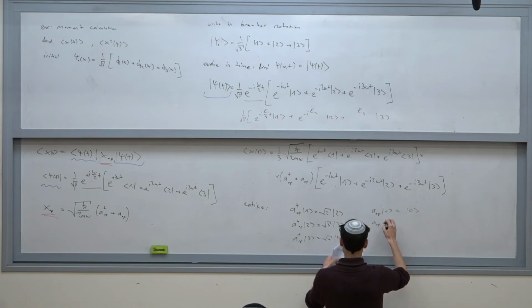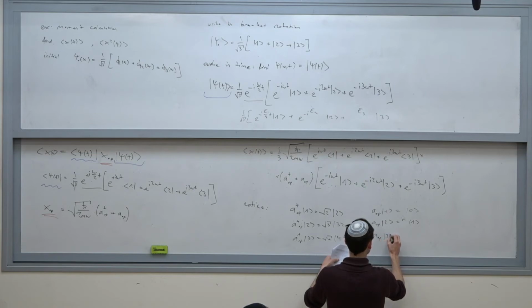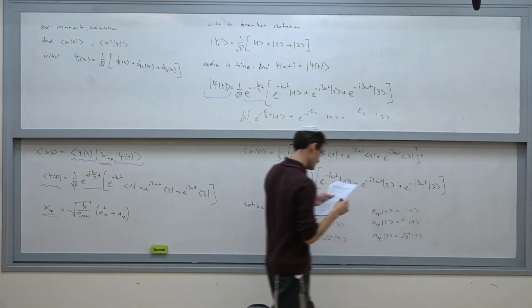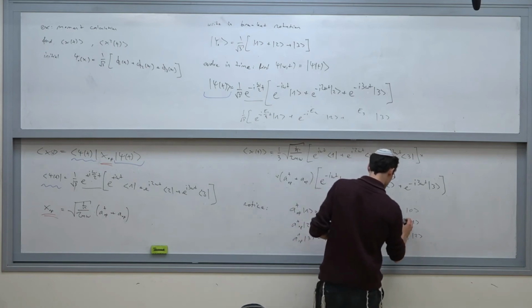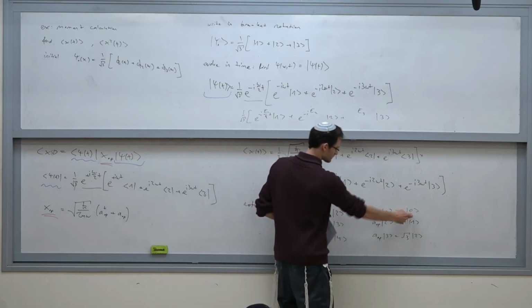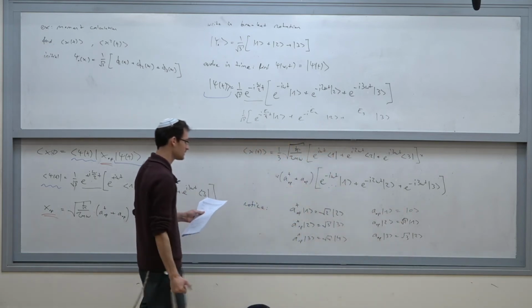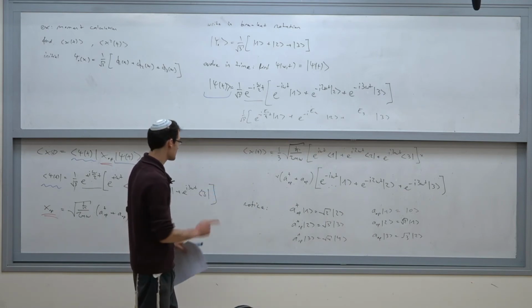It starts with 0. A acting on 2 is root 1 times 1, but that's just 1. And when it acts on 3, we get root 2 times 2. Sorry, I'm wrong. This is root 2 here. Here's a root 1, which is 1, and then there's a root 2 times 1, and a root 3.